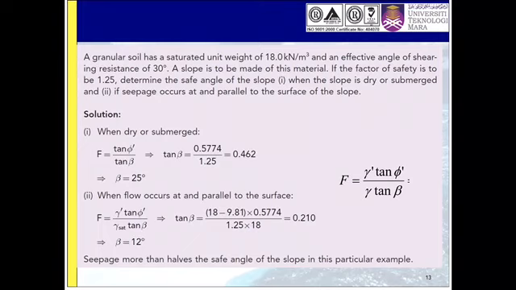So 18 minus 9.81, and then times tangent phi prime, 0.5774, divided by 18 unit weight, times the factor of safety 1.25. And so you get 0.210. So your beta is equal to 12 degrees.